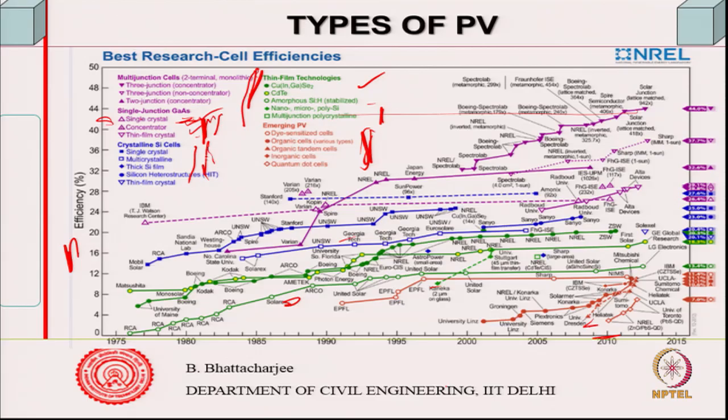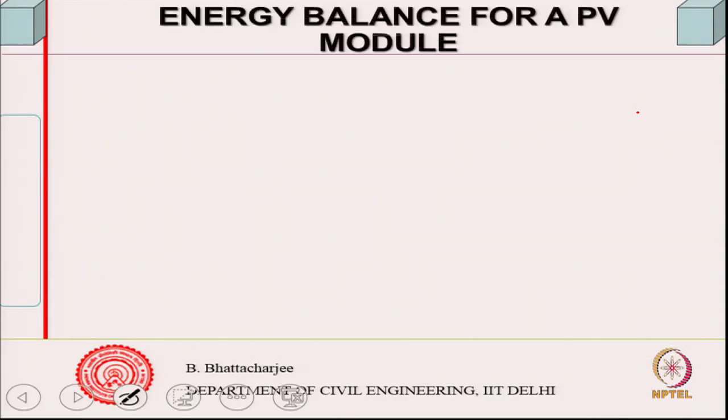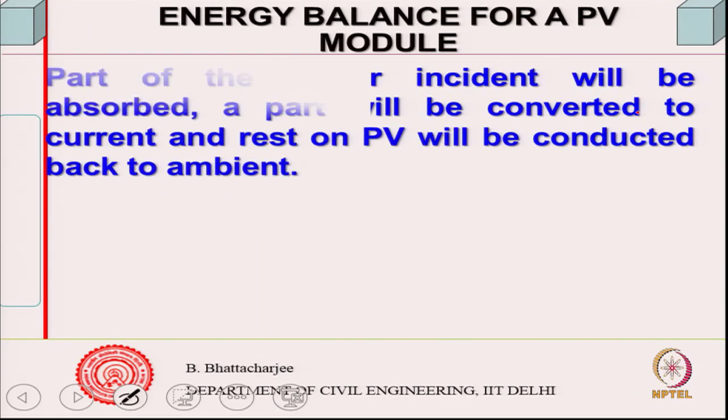These are the next ones, crystalline silicon cells and thin film technologies of the various kinds, they are somewhere there, and emerging PVs will be somewhere there. So, this is 2015 or 2010, this is the scenario. So, that is how the efficiencies are. So, generally one can look into what is available in the market and choose accordingly. Okay. So, this is one aspect.